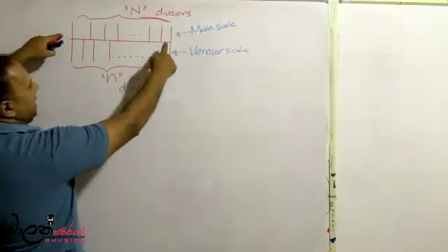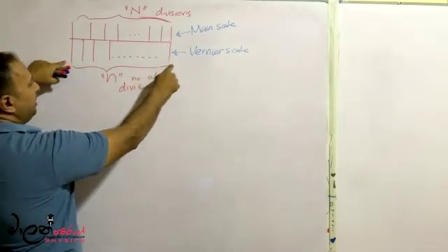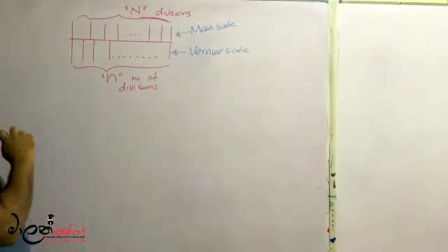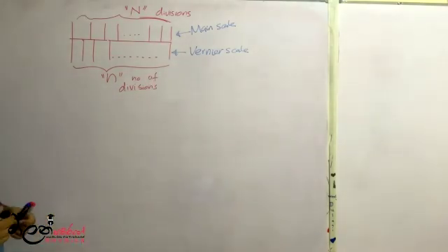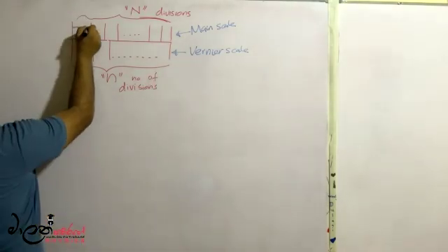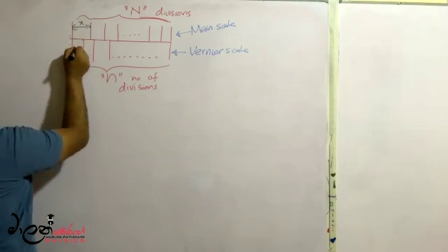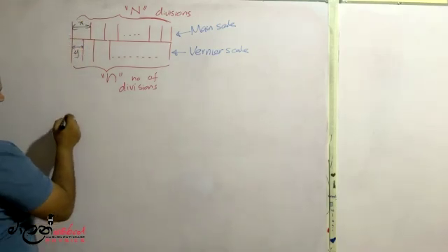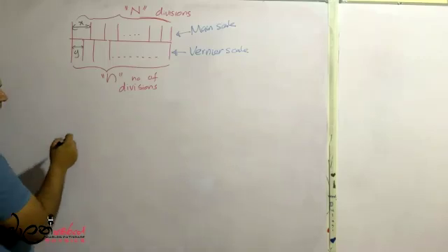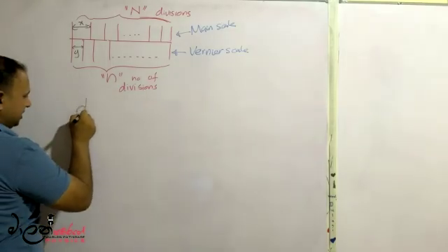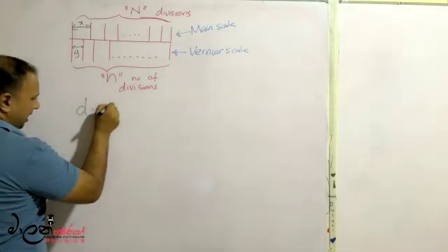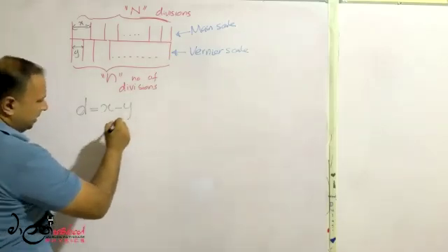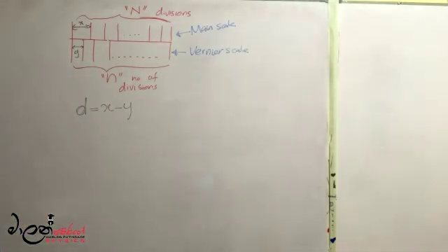Therefore, capital N divisions of the main scale are divided into simple n divisions in the vernier scale. Suppose this length is x, this length is y. So, according to our previous explanation, the least count should be equal to x minus y. Is that clear?